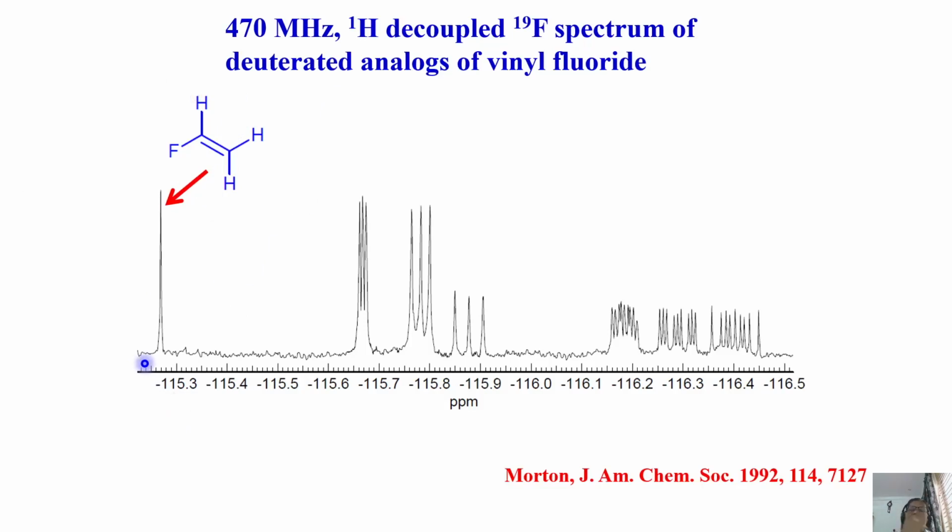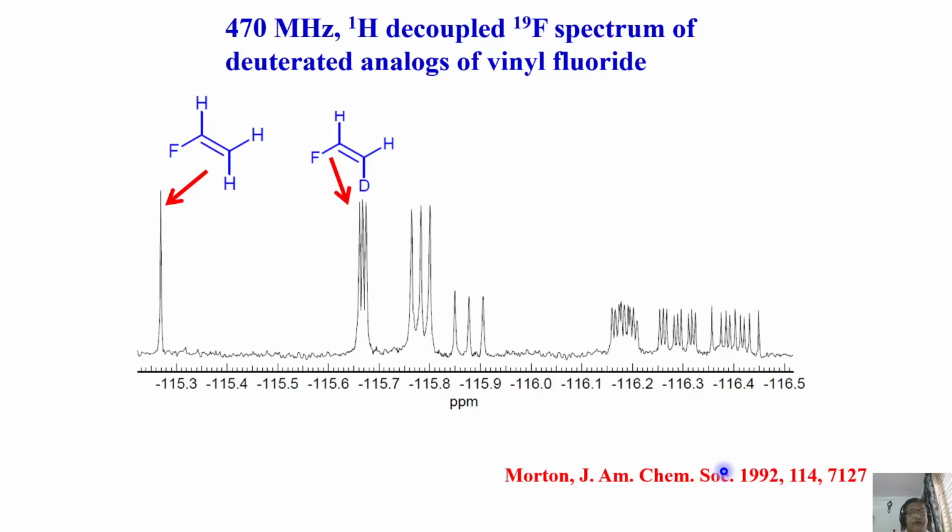Now, the deuterated analogues of this were taken. We will first go to mono and then go to di. If one of the protons is replaced by deuterium, you will see how the spectrum is affected. First, let us consider this molecule.